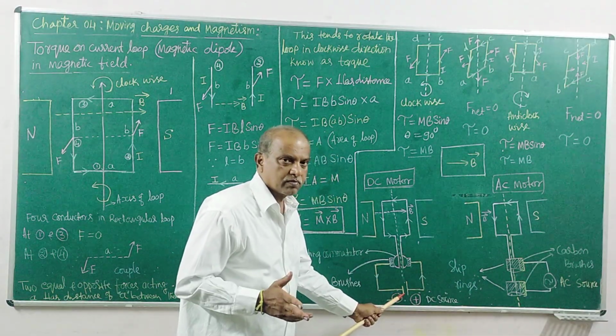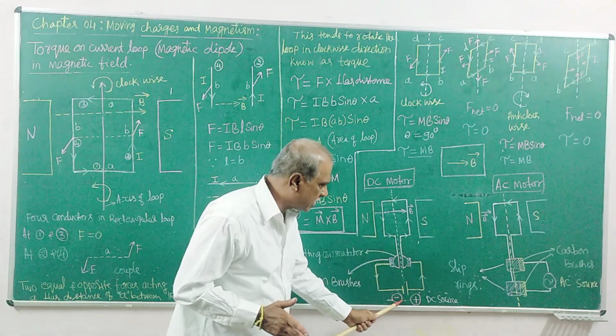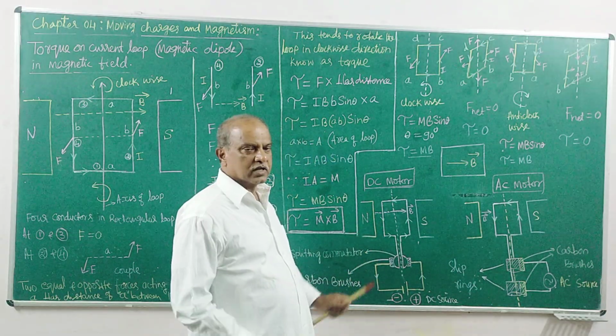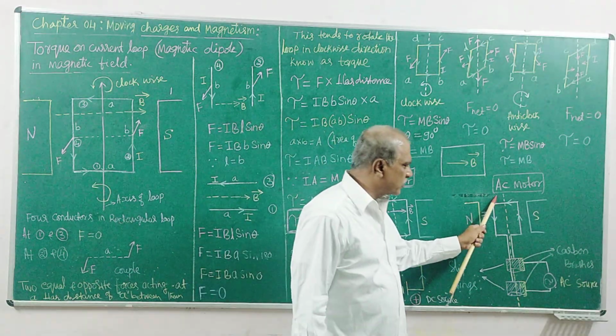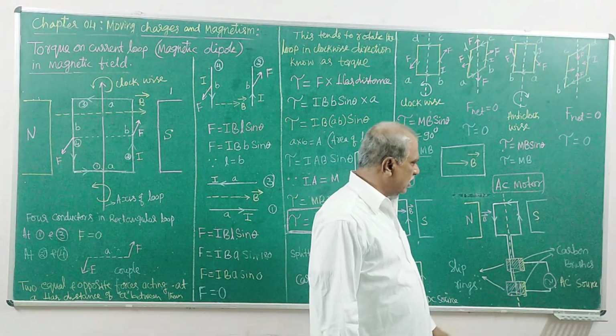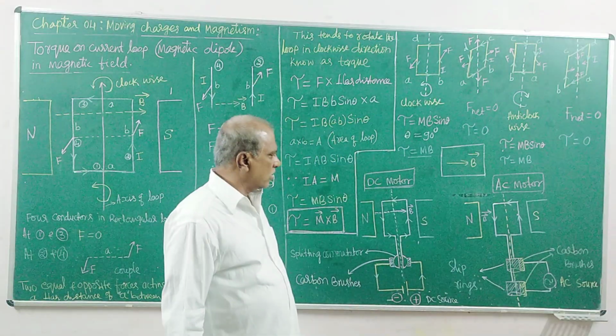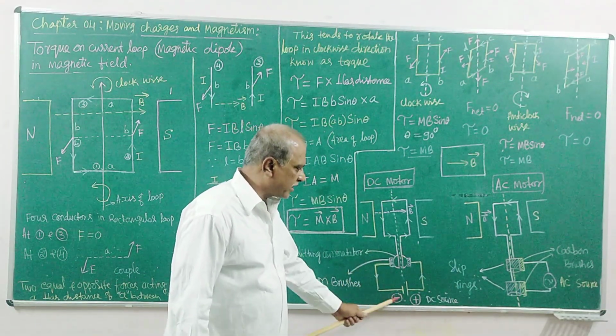Reverse process: mechanical energy into electric energy. DC current is produced by this device, and by this device we get AC current. With the same device, when you apply mechanical energy, you get electric current.